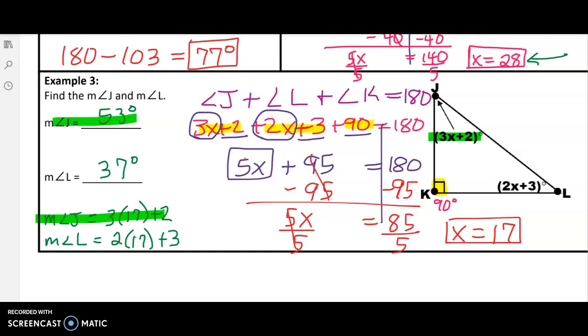Okay, so now let's go ahead and do the other angle that we don't know, which was angle L, which was 2x plus 3. I replaced the x with 17. And then 2 times 17 plus 3 gave us the angle of 37. And remember, you should always go back and check to see that all your angles add up to 180. So 53 plus 37 plus the 90-degree angle, angle K, do add up to 180 degrees.